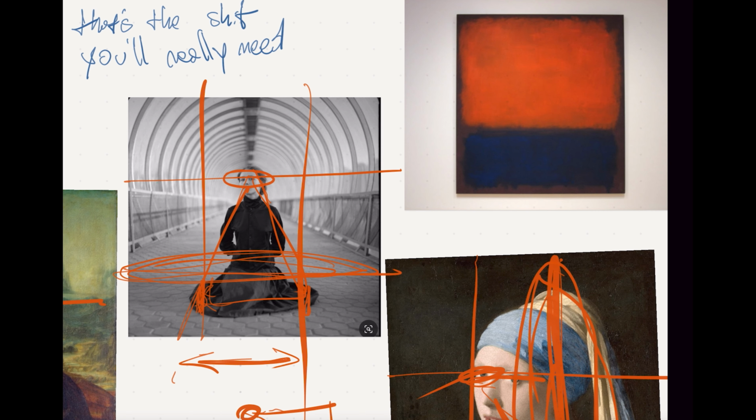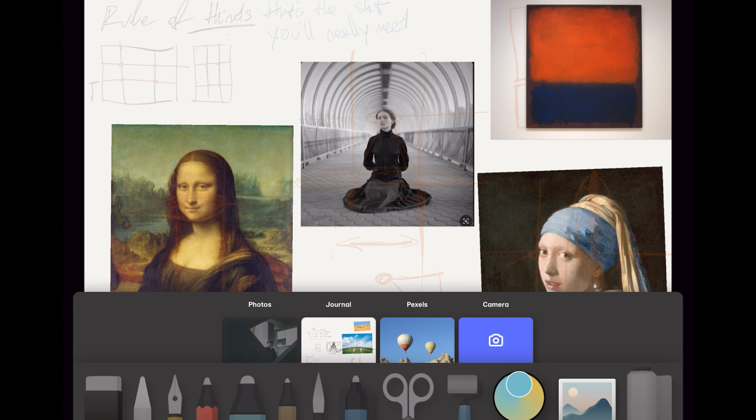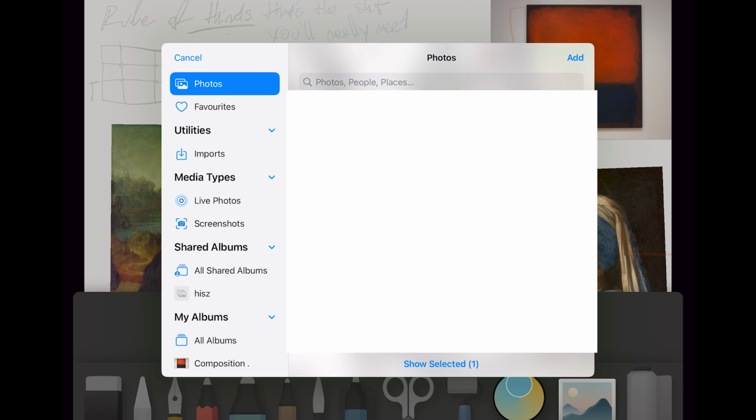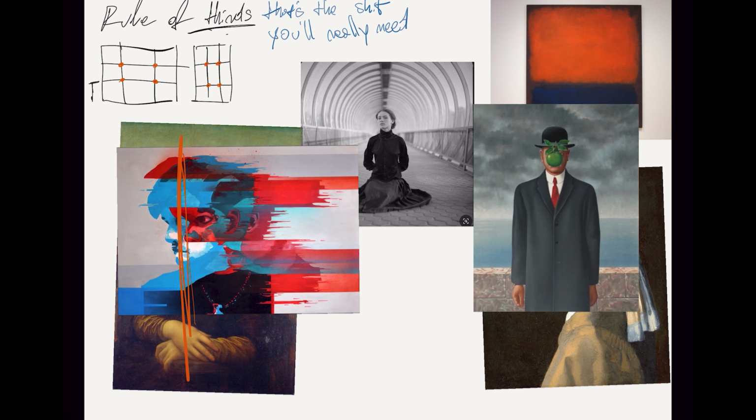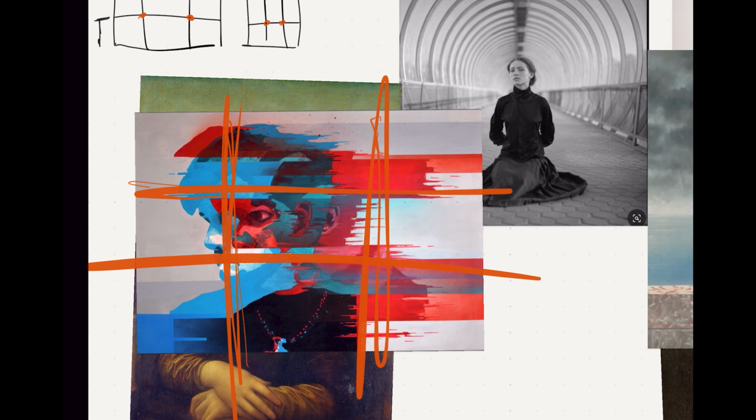And even if you're doing abstract, look at this. 1/3 to 2/3. And really, you can apply that to anything. So let's add another 2 random pictures. So, 1/3. Our silhouette, despite being glitched a little, still sits more strongly on that line.